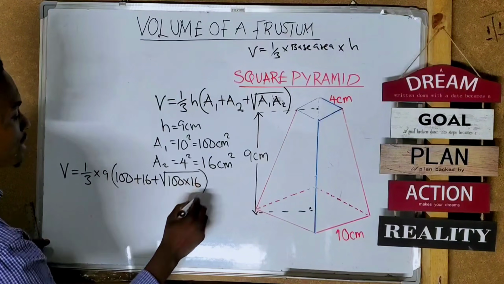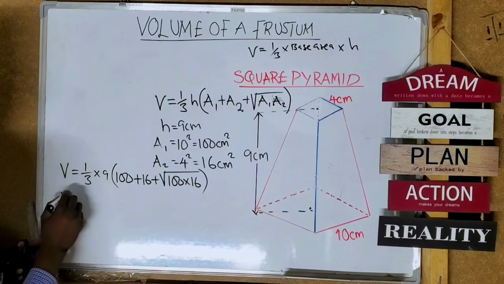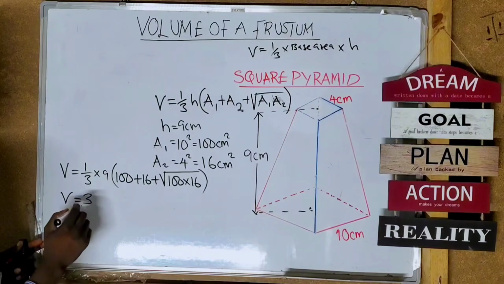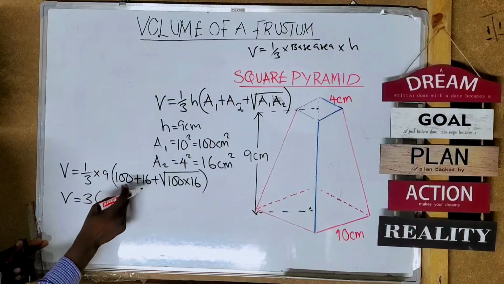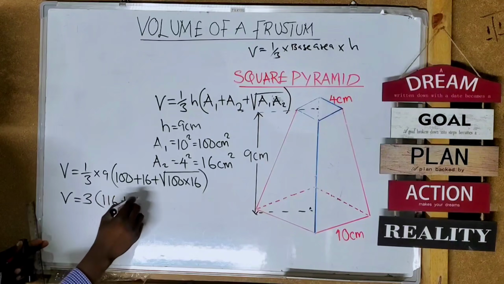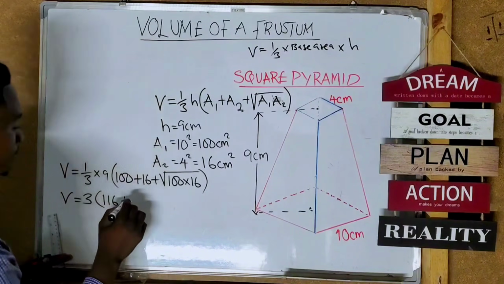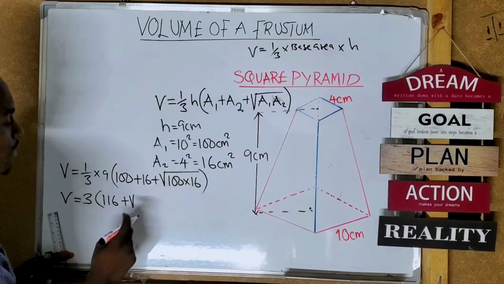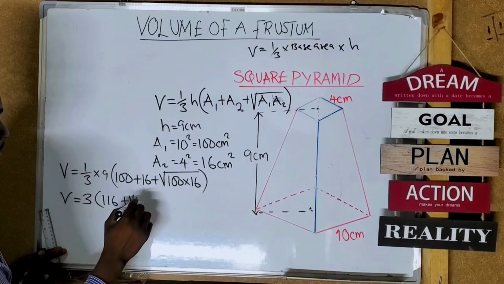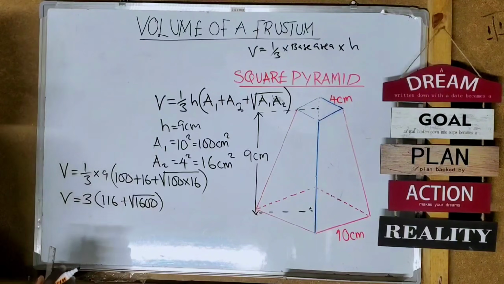See how simple this is? 3 can go into 9 3 times. Open bracket. Let's add these two. We're going to have 116 plus 100 multiplied by 16, which is 1,600.